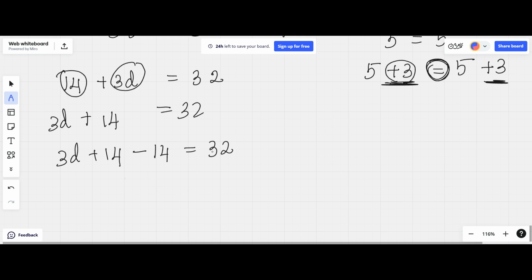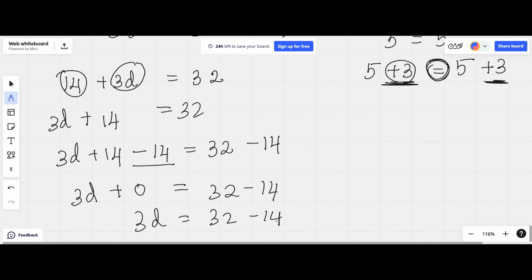Whatever you do here, you have to do on the other side also, so here also we have to put minus 14. Now you see 14 minus 14 is 0. So 3d plus 0 is equal to 32 minus 14, which means 3d is equal to 32 minus 14.